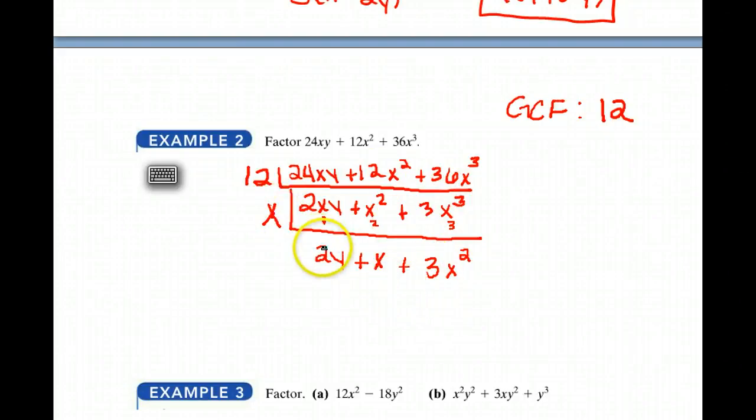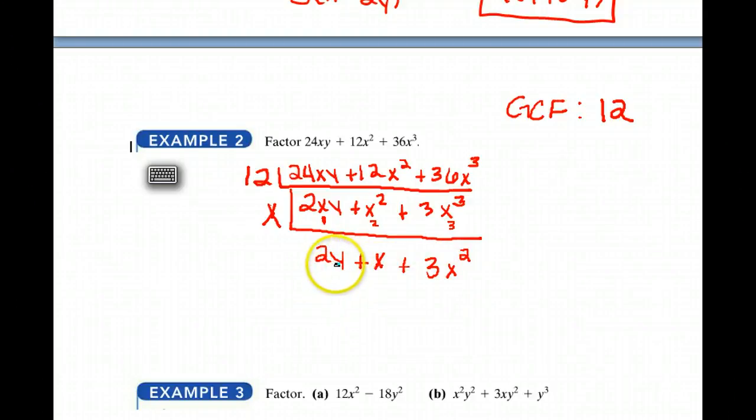So now we're going to look one more time at the expression that we've created and make sure that we don't have any other common factors left. I have 2y, x, and 3x squared. The first term does not have any x's, so I can't use an x. The other two terms don't have a y, so I can't take out a y.